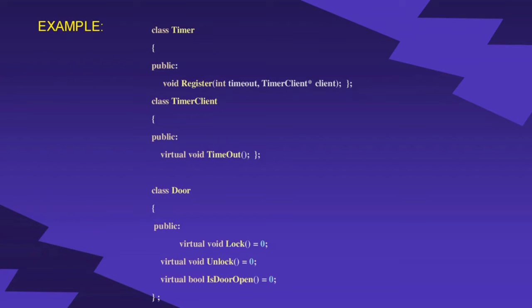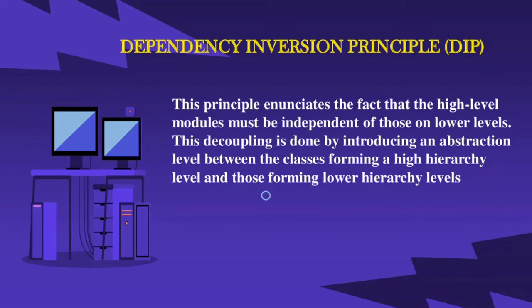In this program, the timed door class derives from the door interface in order to dispose of functionality from the client. The door interface was also used with modifiers to increase the timer client interface. That's all about the interface segregation principle.